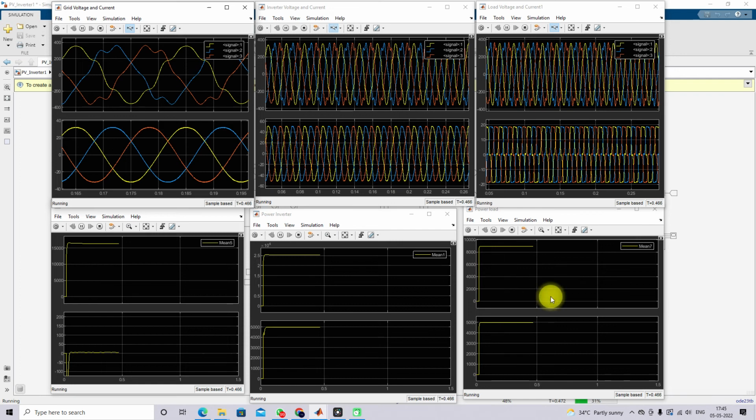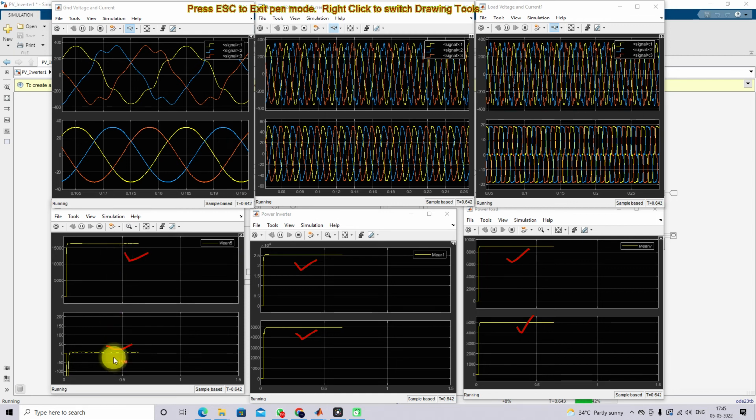And also you can see the variation of load real and reactive power and the PV inverter real and reactive power. This is grid real and reactive power. Here you can see that the load real and reactive power is managed by means of the PV inverter, and then excess power will be given to the grid.